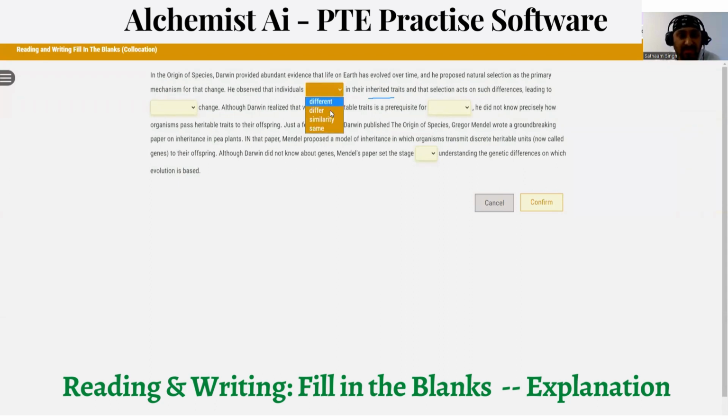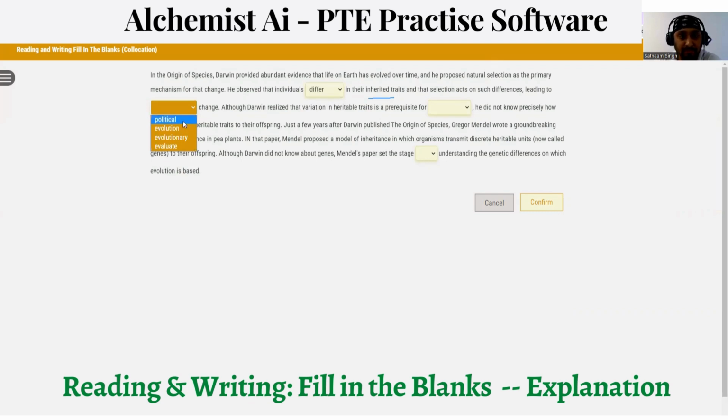I cannot say similarity, it doesn't make sense because I can see the word difference here. So most likely the answer is supposed to be different or differ. Can I say he observed that individuals different in their? That doesn't sound correct, so I'll go with differ.